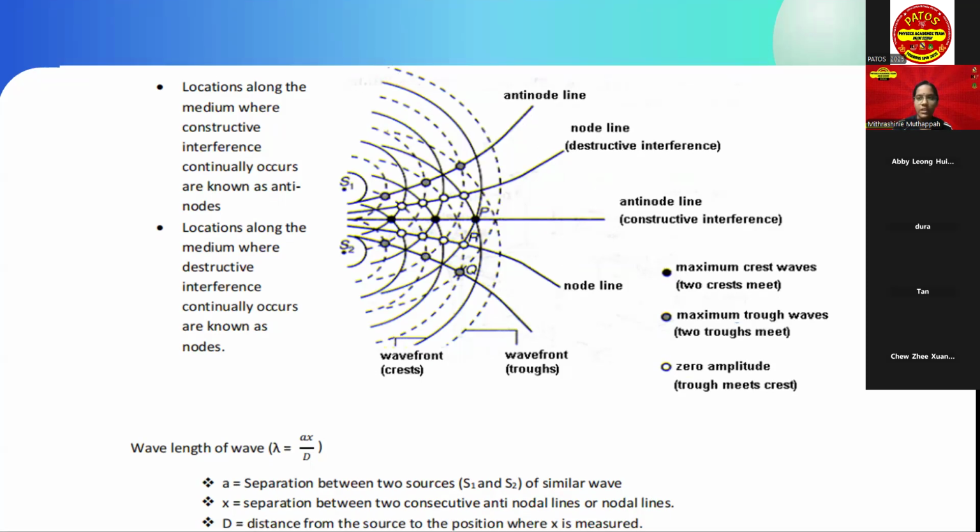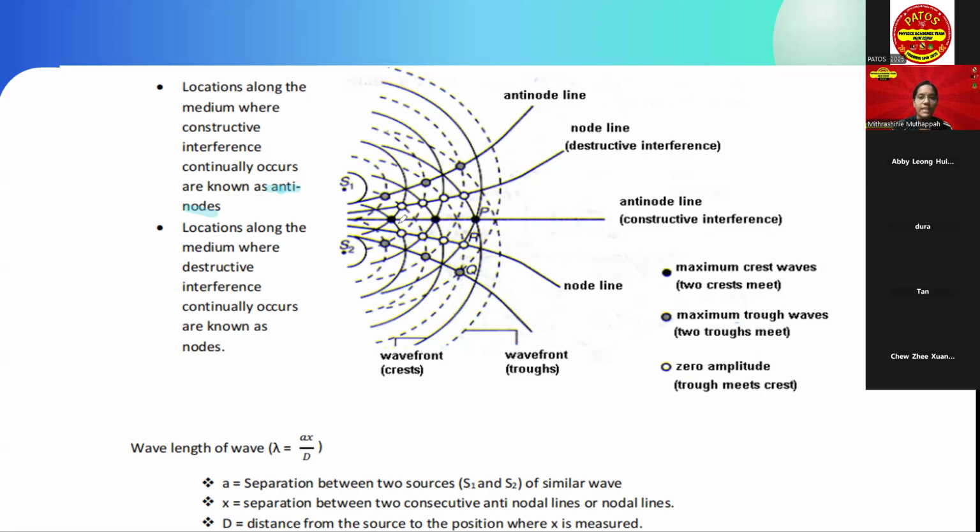Okay, it's all right. There's another name for the points where constructive interference occurs, which is the antinodal point. You can see it over here. They've stated it: locations along the medium where constructive interference continually occurs are known as antinodes.